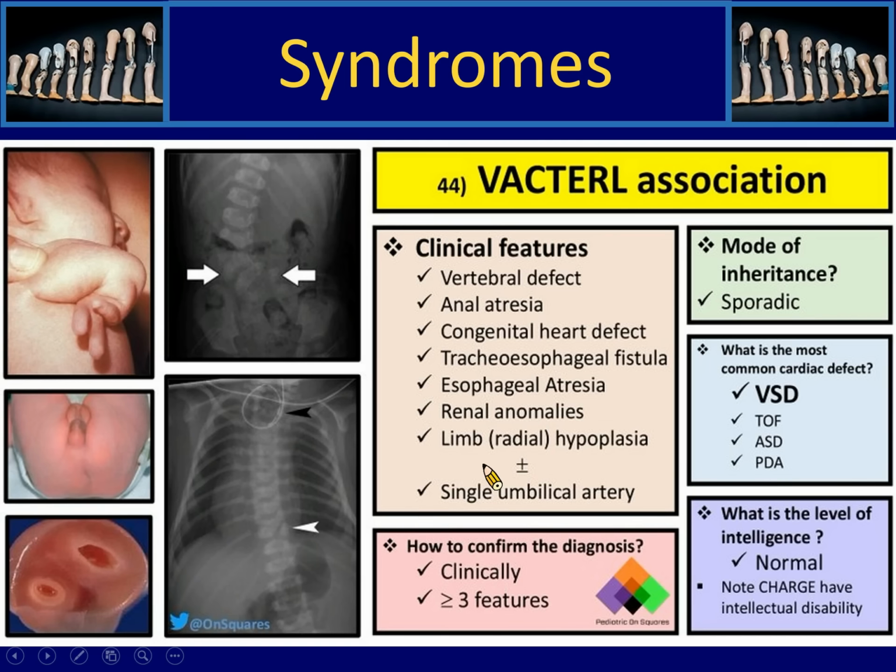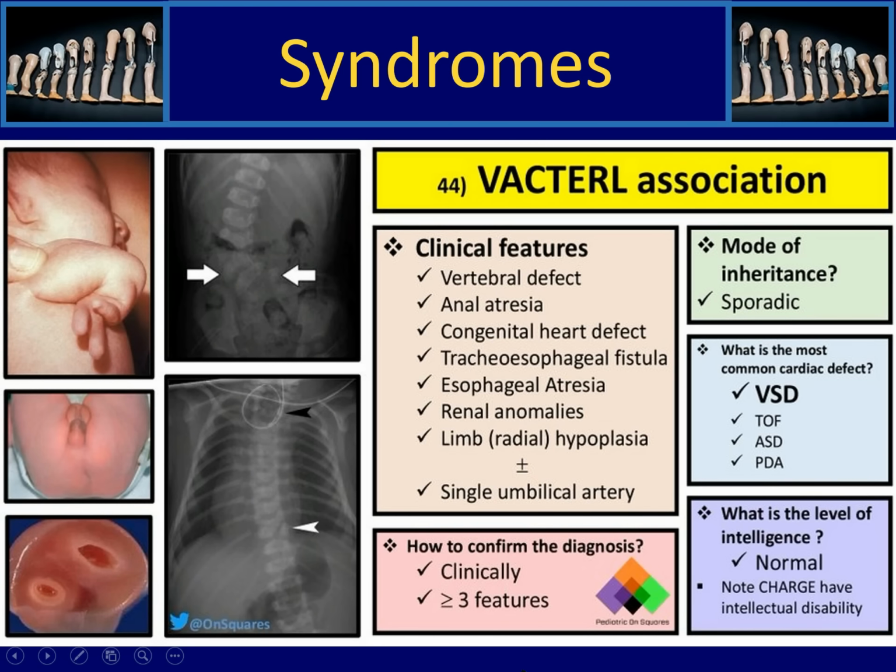Among them, you can see again there is limb hypoplasia or aplasia, which means there is no or little radial bone at birth. Some of the patients will have a single umbilical artery, which can make the baby turn blue at delivery.